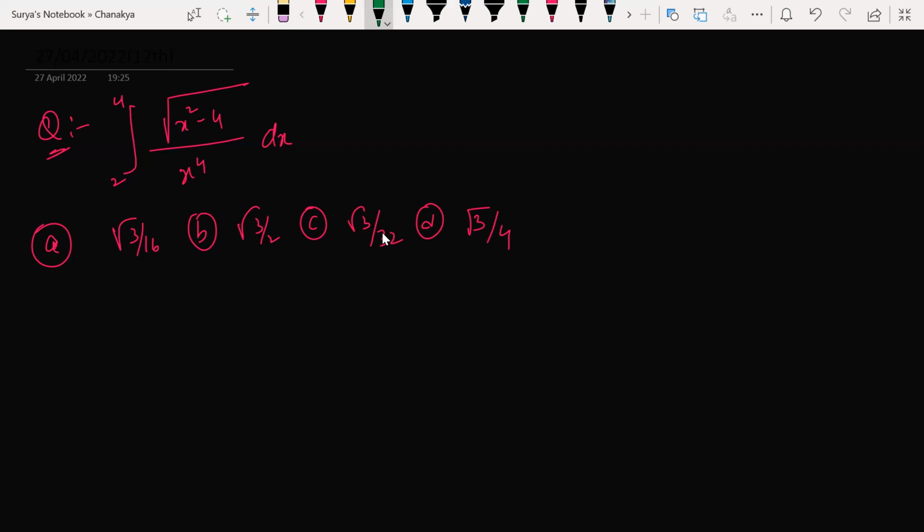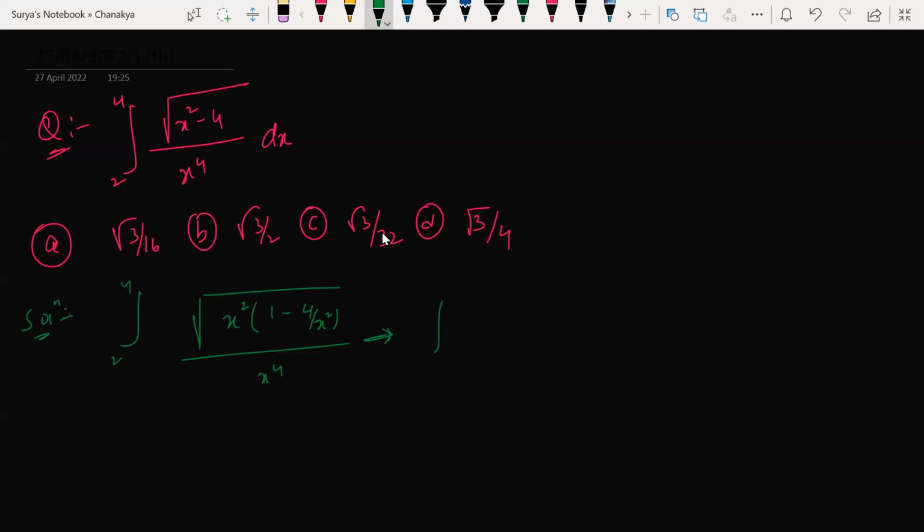So in this type of case, what you do is take x common. If I take x square common, what happens? 1 minus 4 by x square, whole divided by x to the power of 4.